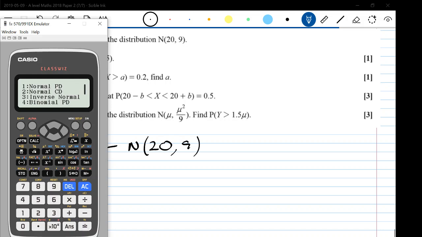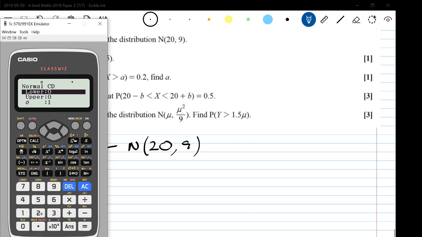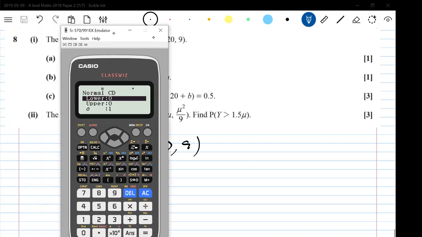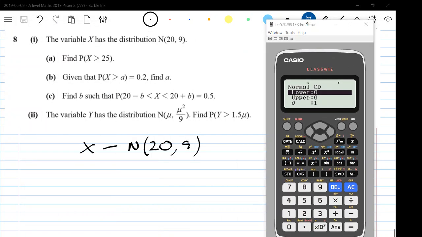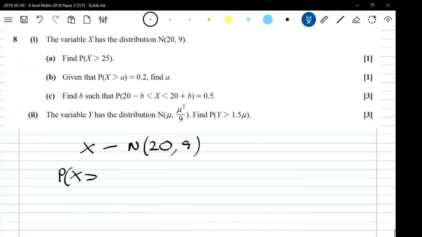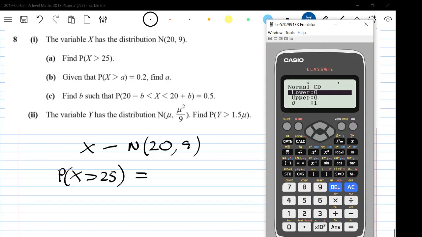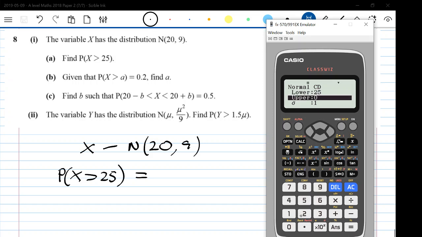Distribution, normal, cumulative distribution. We want to find the probability that x is greater than 25. On our calculator, we're going to do a lower bound of 25 because it's greater than that, an upper bound of some massive number.